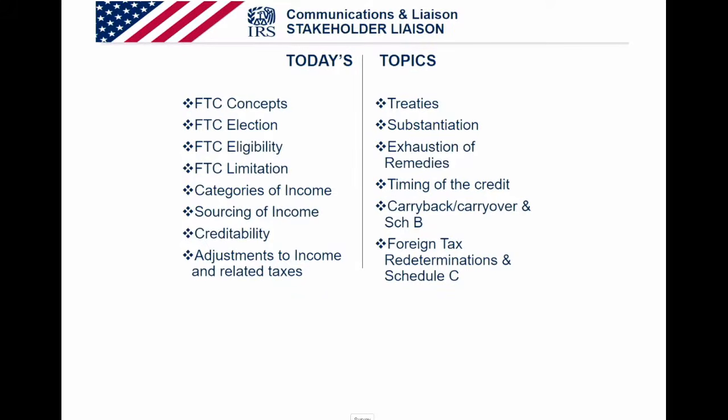What year did the individual income tax come into existence? Okay, so the answer to that question is 1913. 1913 is when we started having the individual income tax in the United States.